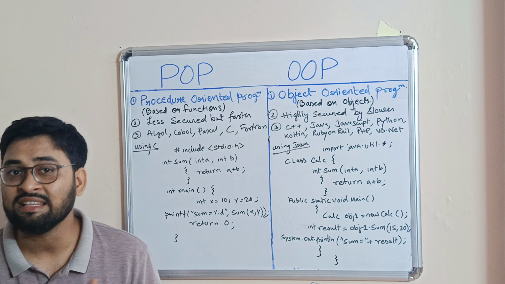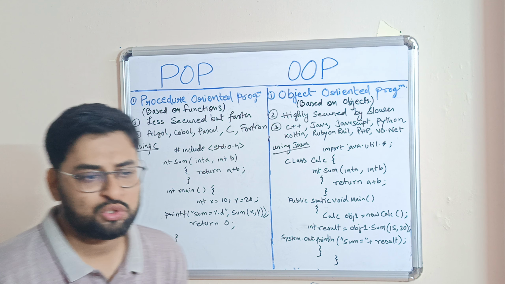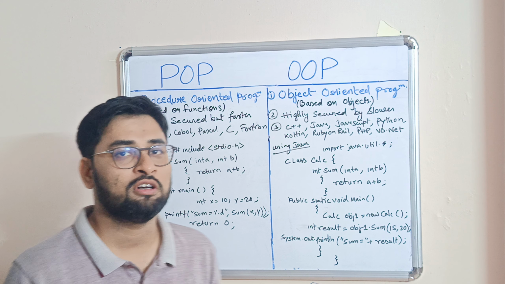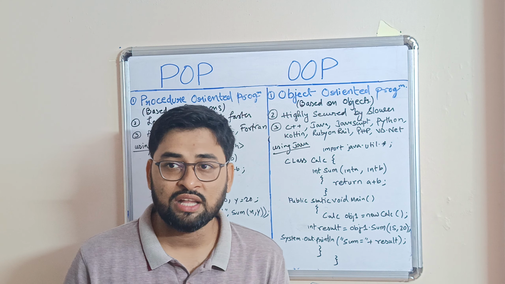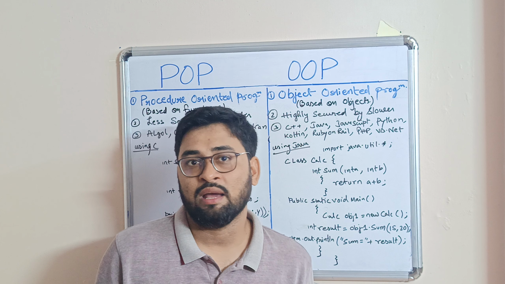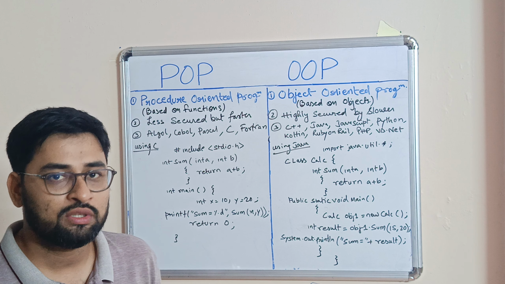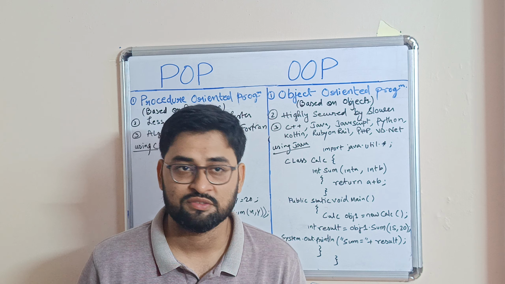Means some dependencies are there within the functions, within the modules of the programs. So basically, procedural oriented programming was made for system software, to run the system, complex software. Okay, so not like application software or any other enterprise software. So that was not the objective behind it.